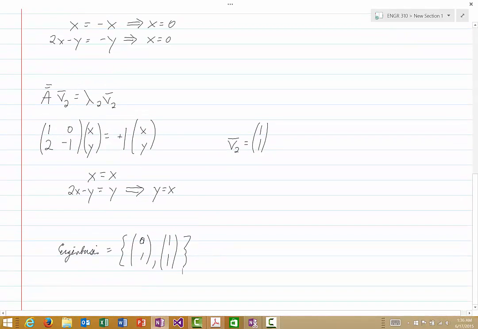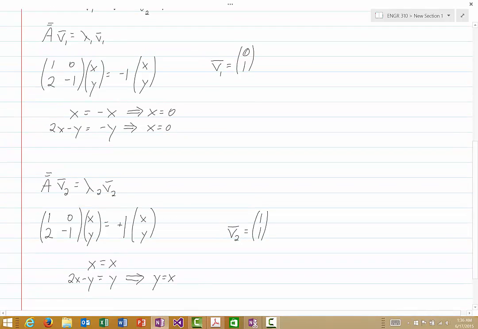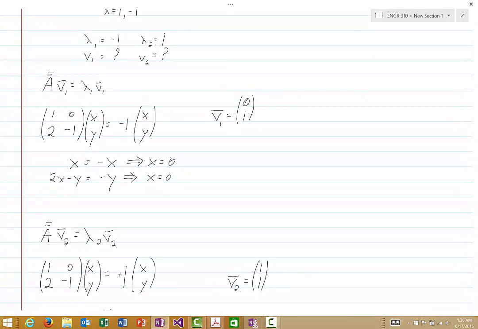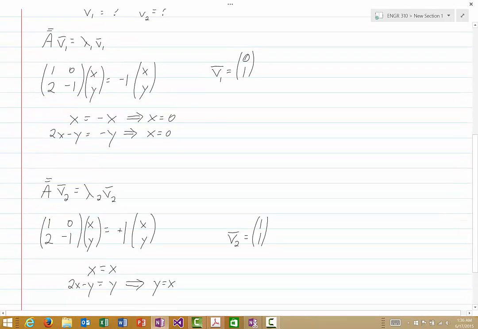This matrix A has all of its eigenvalues different from each other, and therefore, as we've mentioned before, in a case like that, the matrix has a complete set of eigenvectors. In other words, the number of eigenvectors n is equal to the order of the matrix. It's an n by n matrix. So it has a complete set of eigenvectors.